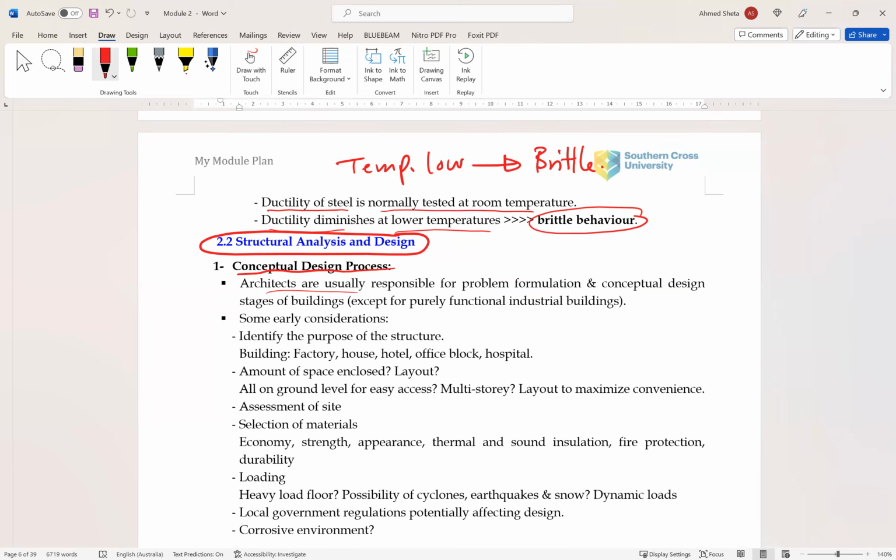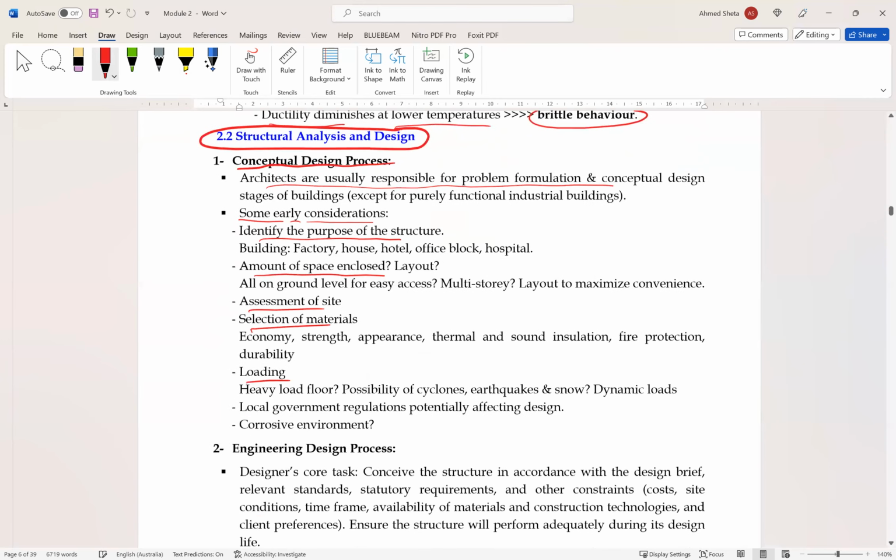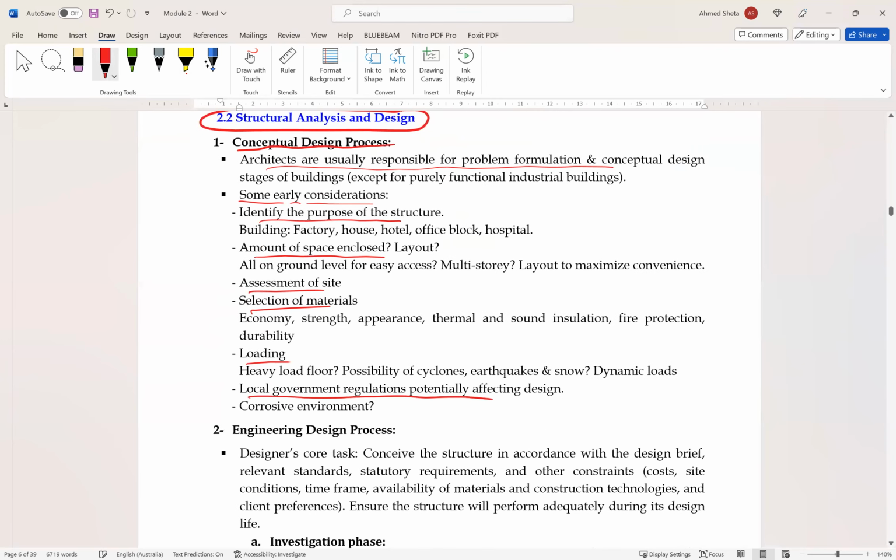Architects are usually responsible for problem formulation, and you have to keep some considerations into account, like identify the purpose of structure, amount of space enclosed, assessment of site, selection of materials, loading, local government regulations, corrosive environment. All these are things you need to keep in mind when doing the conceptual design process.